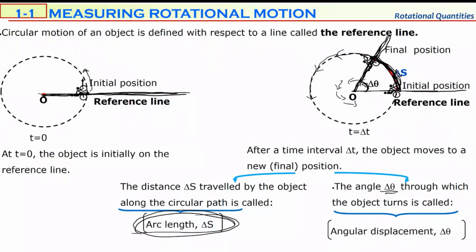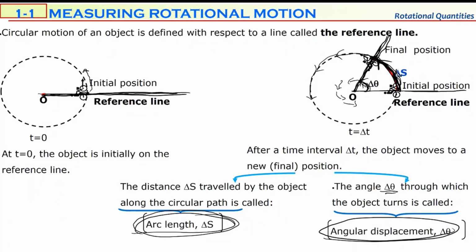Basically, we can say that there are two types of displacement here. One of them is the distance. The object is moving a distance on the circle, delta S, which is known as arc length. But also, this object is turning through some angles. This angle the object turns is known as angular displacement.